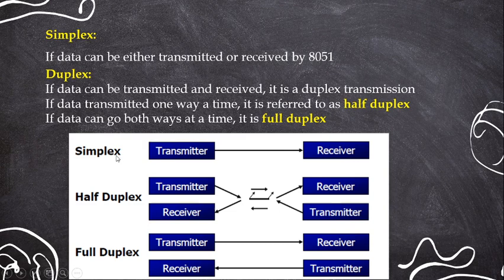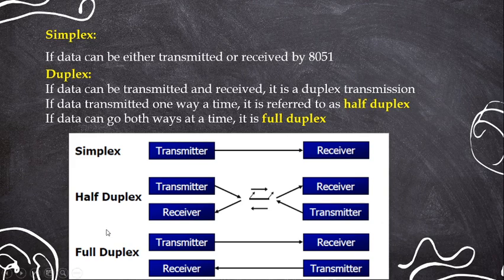In simplex, if you have two devices which are communicating, one device will simply transmit the data while the other device will only receive the data. For example, take radio stations: the station is transmitting while the receiver is the radio unit at home. Similarly with television as well.